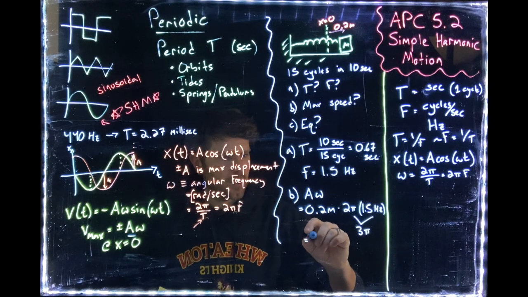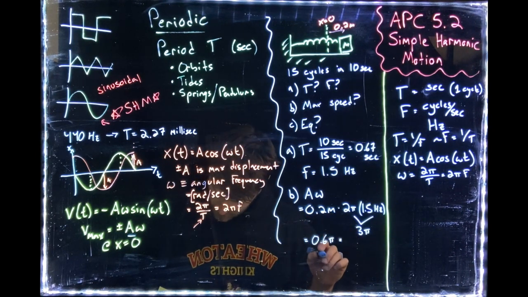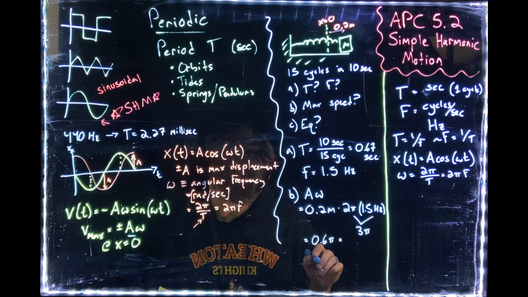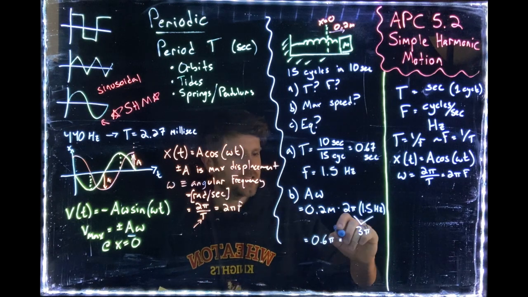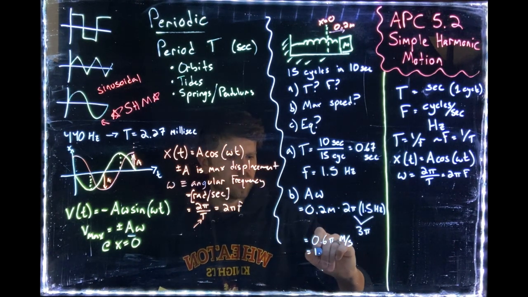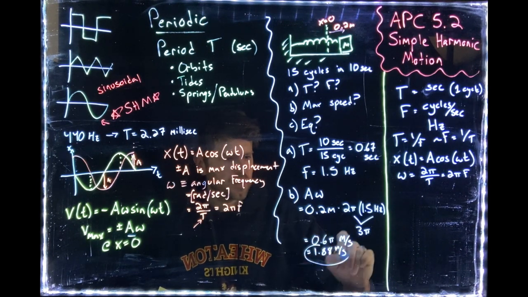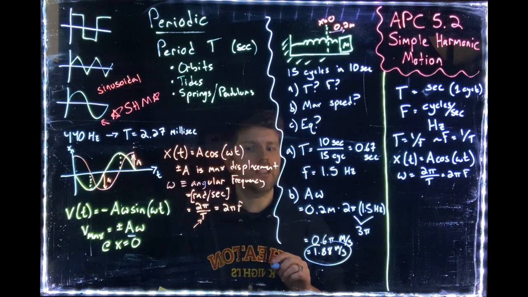So we end up with 0.6 pi, which is, oh, I didn't actually calculate what 0.6 pi was, but in any case, it's 0.6 pi meters per second. I think that's like 1.88 maybe, something like that.